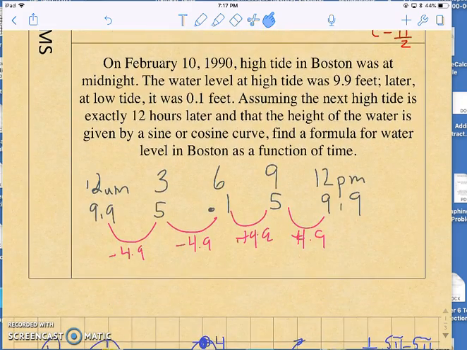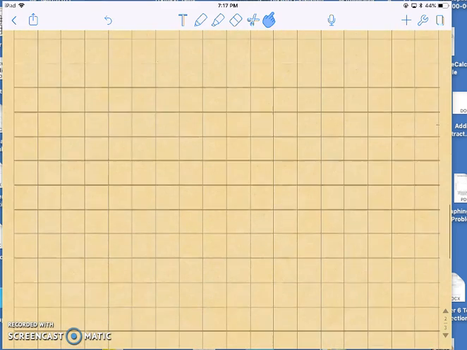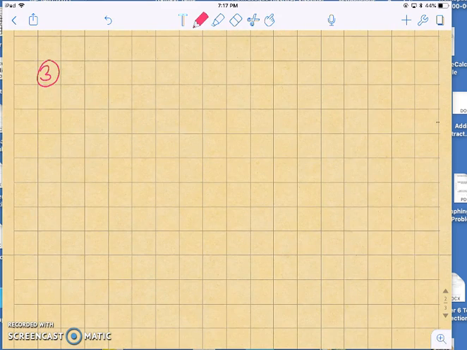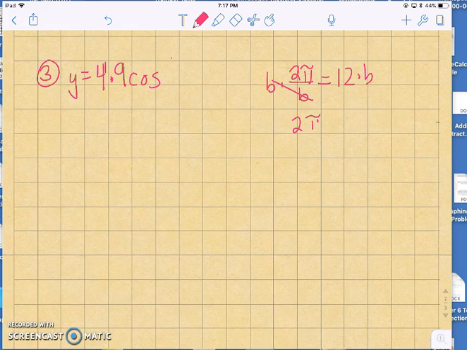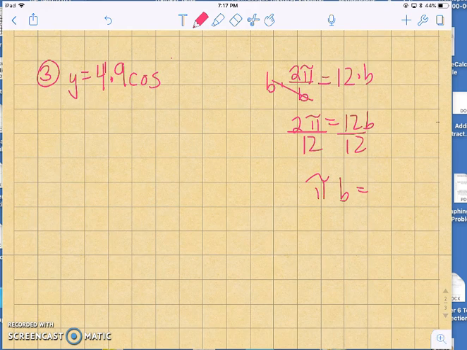It's starting high, so it's going to be a cosine curve. So y equals 4.9 cosine, but then we have to find our b value. 2 pi divided by b is 12, so 2 pi equals 12b. Divide by 12, so b equals pi over 6.